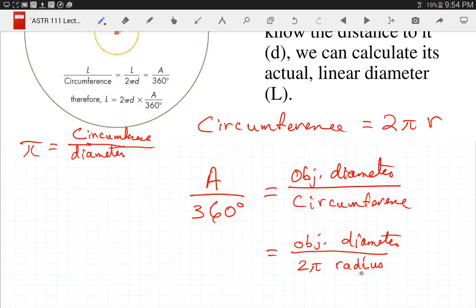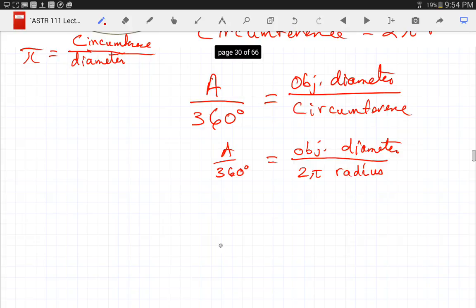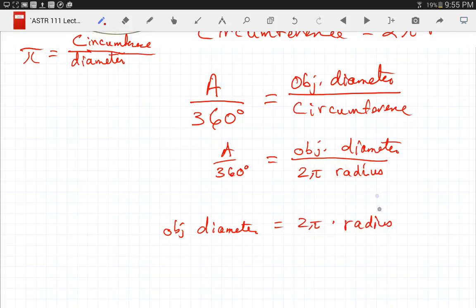I replaced circumference with 2 pi times radius. Object diameter over 2 pi times radius is A over 360 degrees. Now I can either solve this for the angle if I know the diameter, or, much more commonly, we measure the angle and want to know the diameter. So the object diameter is equal to 2 pi times the radius, which is the distance away, times A over 360 degrees.